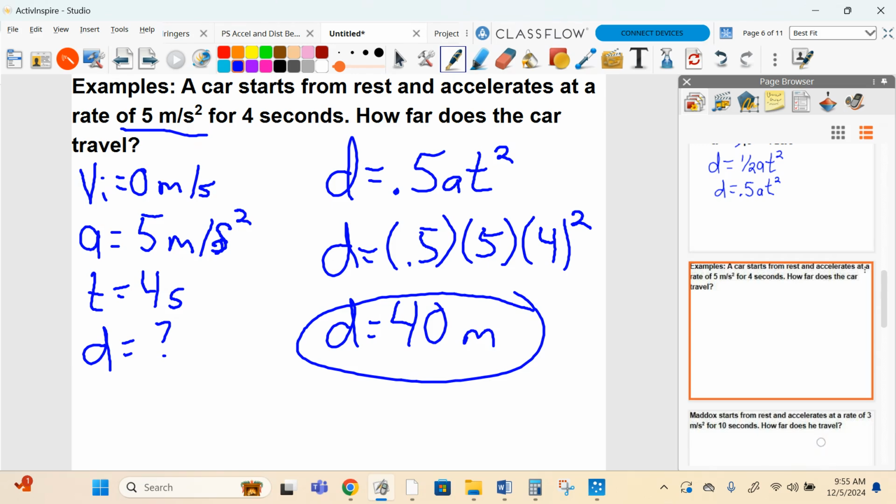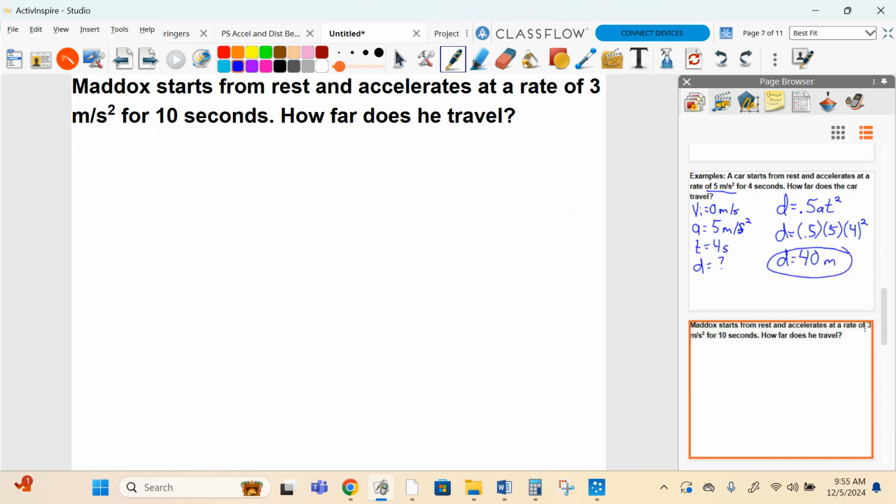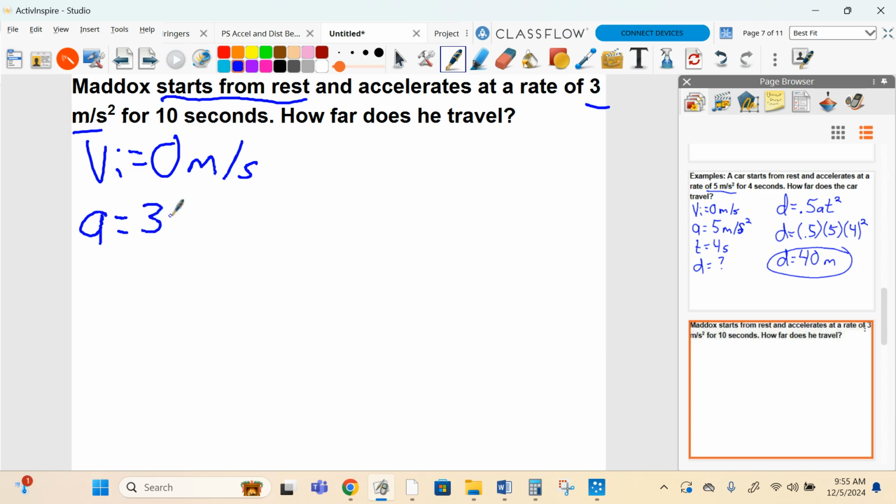Okay. Next example, Maddox starts from rest, means vi is 0. Accelerates at a rate of 3 meters per second squared. Meters per second squared is always my acceleration, and did this for a total of 10 seconds. How far did it go?